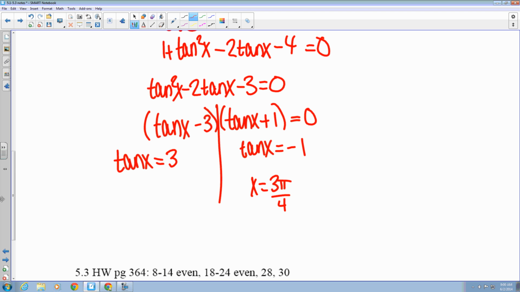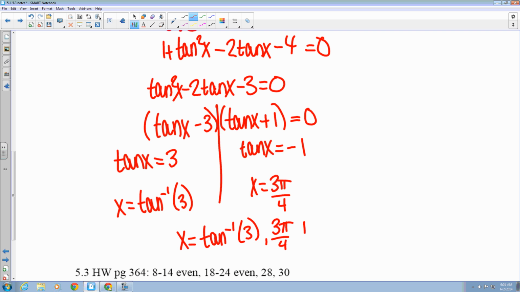It's just not on one of those nice angles on our unit circle. So I would just say inverse tangent of 3 here to avoid icky decimals. So I have the inverse tangent of 3 and 3 pi over 4, adding the n pi.